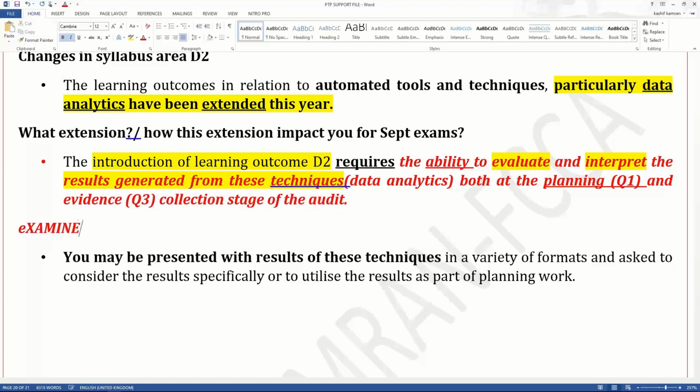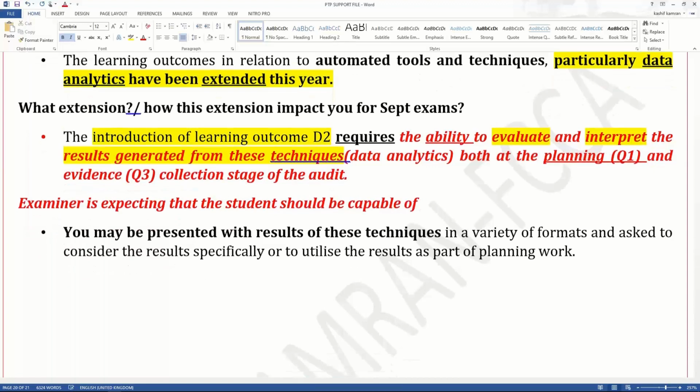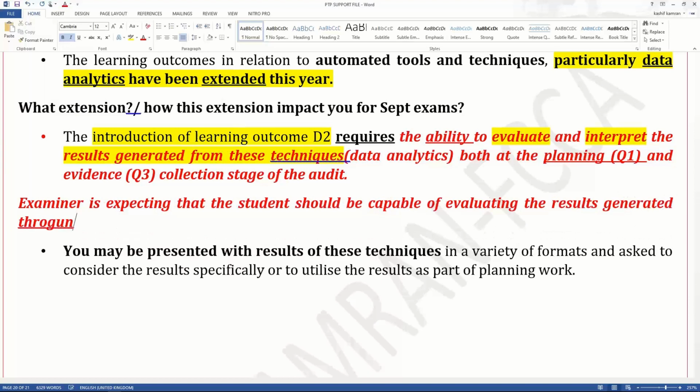The examiner is expecting that the student should be capable of evaluating the results generated through data analytics and given in the exam paper.